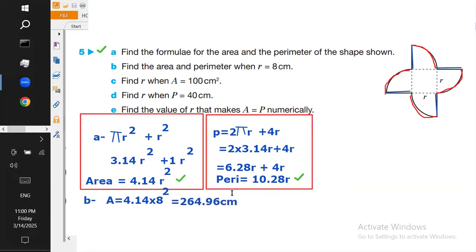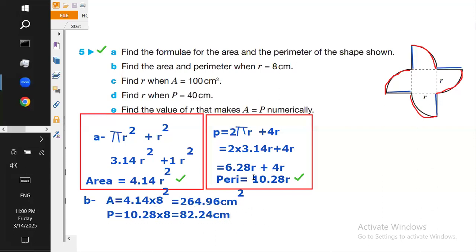That's the area, okay? And then to find the perimeter, I'm going to use the formula of the perimeter. So P equals, this is the perimeter, 10.28 multiplied by 8. So 10.28 times 8 equals 82.24 centimeters.